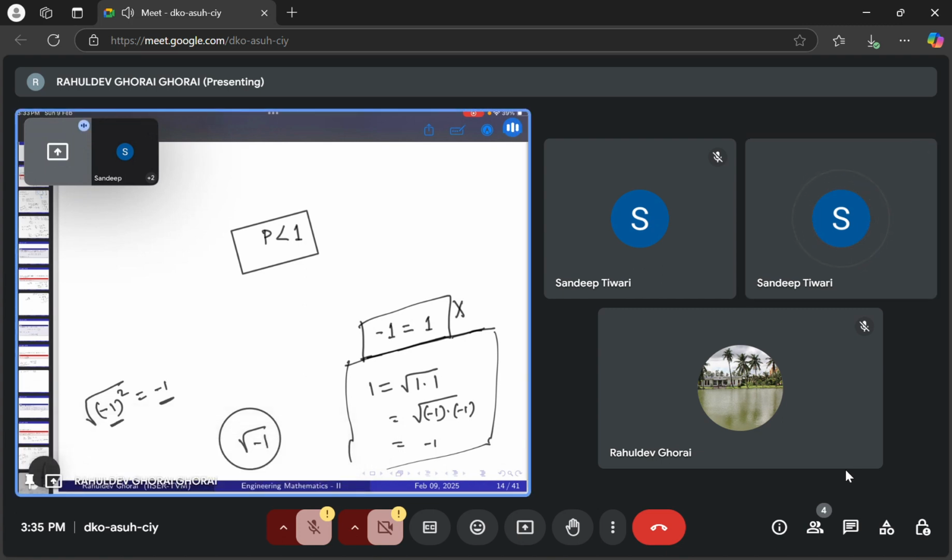i is defined in such a way that it is the square root of minus 1, so then i square is equal to minus 1. But when you write the square root of minus 1, that is defined in a complex number way, it is not in a real number sense. So those things matter.